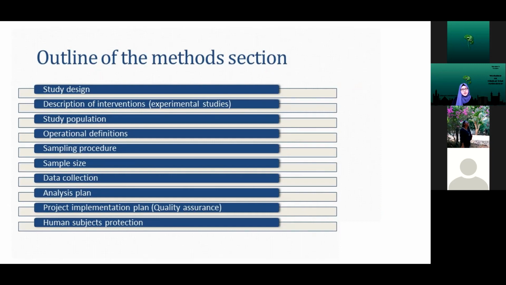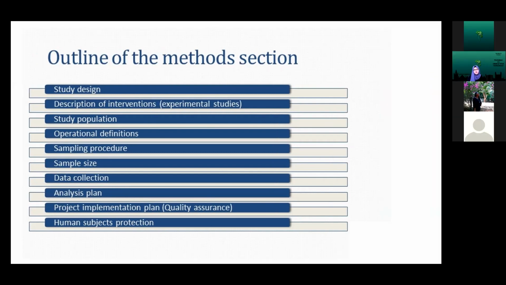If you are conducting experimental studies, then we describe the interventions, and otherwise the study population in case of clinical trials, the various operational definitions, the sampling procedure, how you will calculate the sample size, the methodology of calculation of sample size, then how the data will be collected, then how the data will be analyzed, and the project implementation plan is done to control the quality. Then human subjects protection is also included in the protocol. We'll describe one by one.